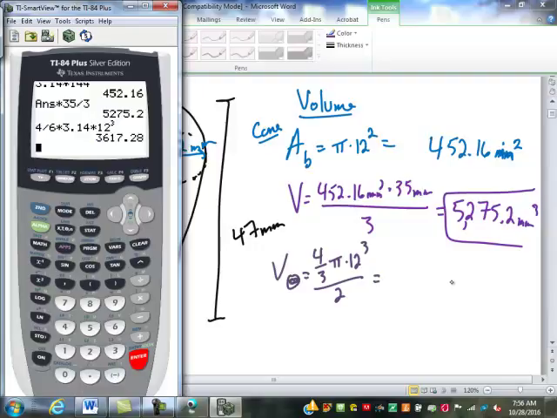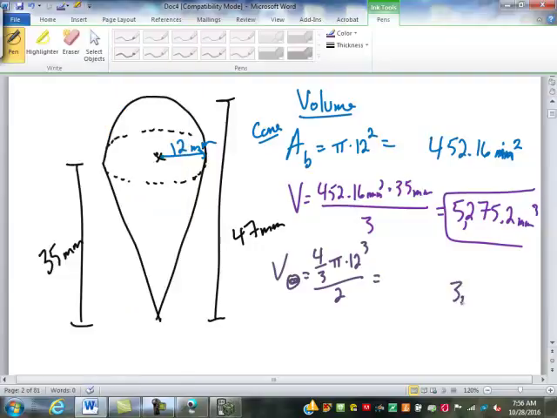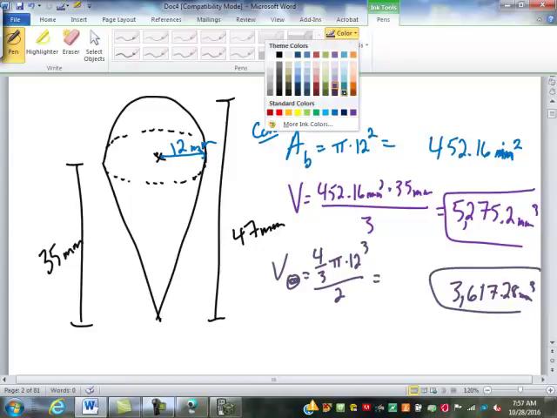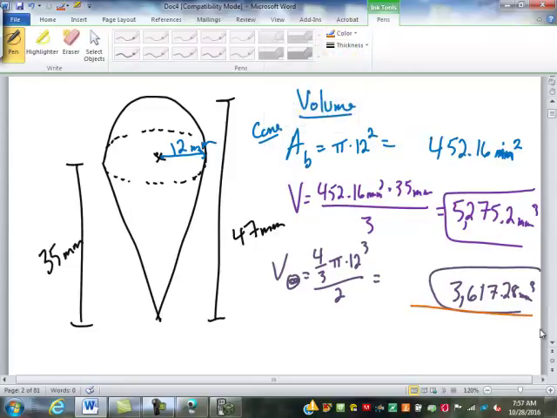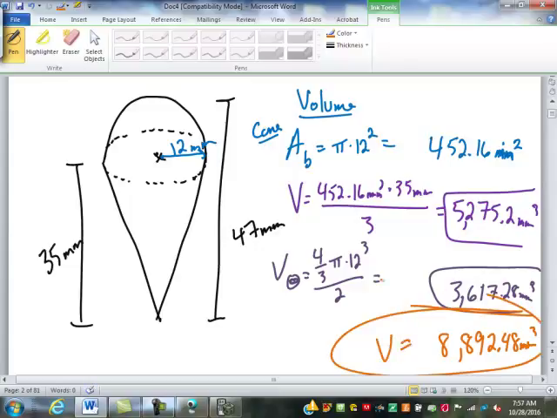Volume for the sphere. We add those together to get 8,892.48 cubic millimeters total volume. Correct?